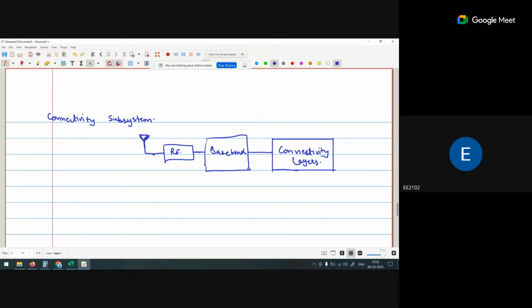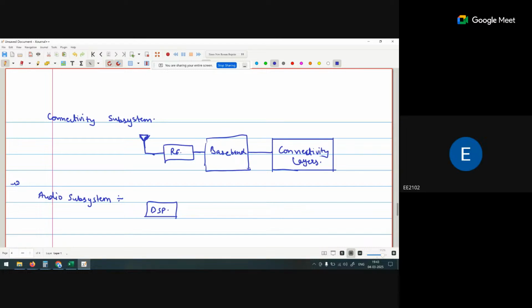Now, if you are talking about the audio subsystem, in the audio system we require the DSP unit, the signal processing unit.